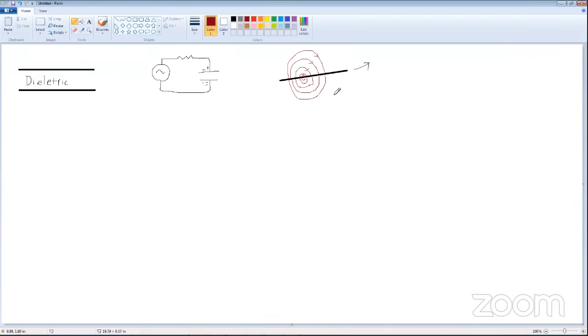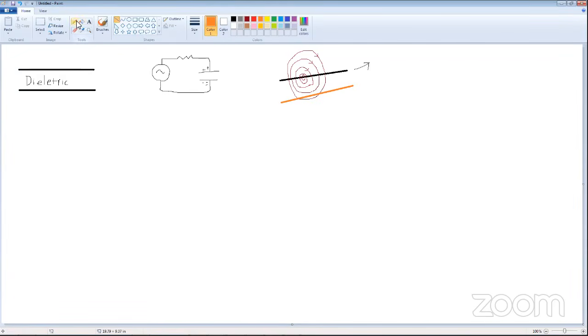Now, this is a very basic definition, because what happens if we have another conductor running through here? Let me make that a different color. I keep forgetting that I'm in eagle mode.